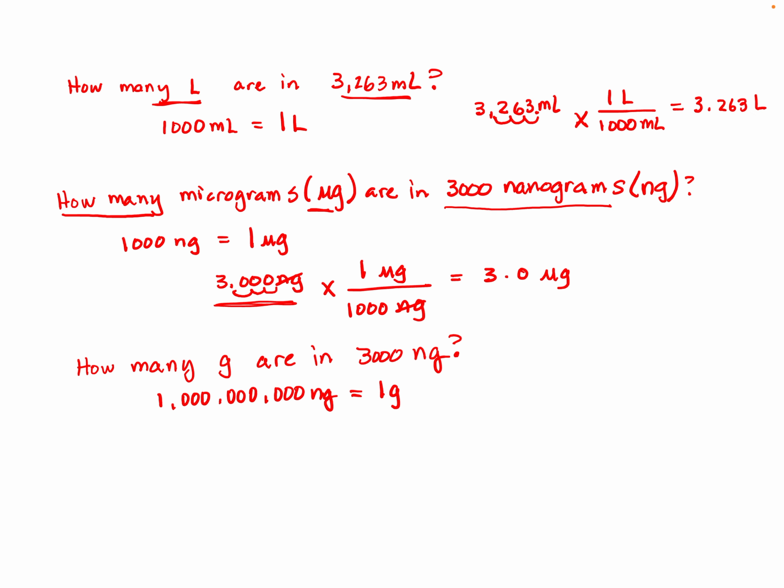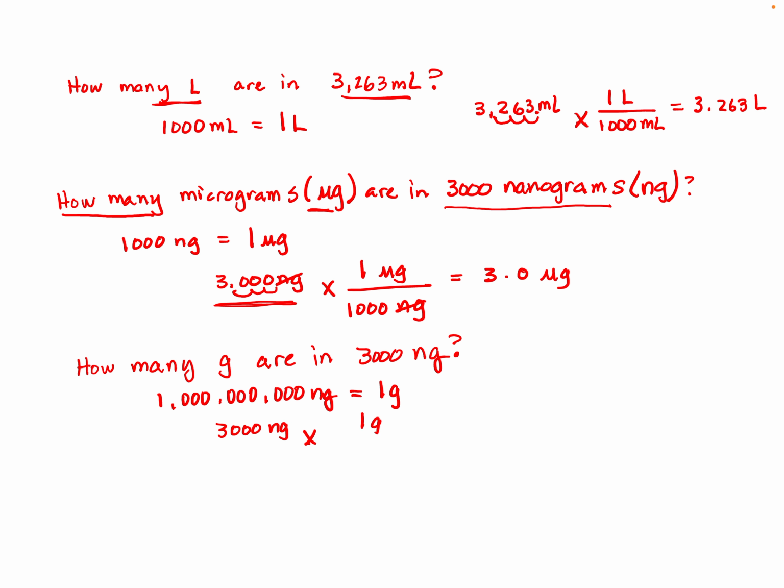Nanograms are very small. All right, so we set up the problem the same way, right? We're going to have what we start with, the 3,000 nanograms, times our conversion factor. Which one goes on top? The grams, that's what we want.